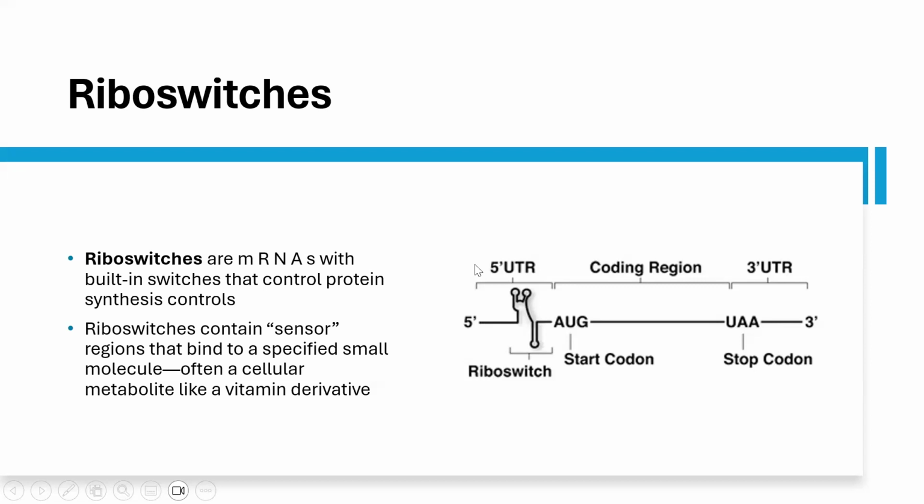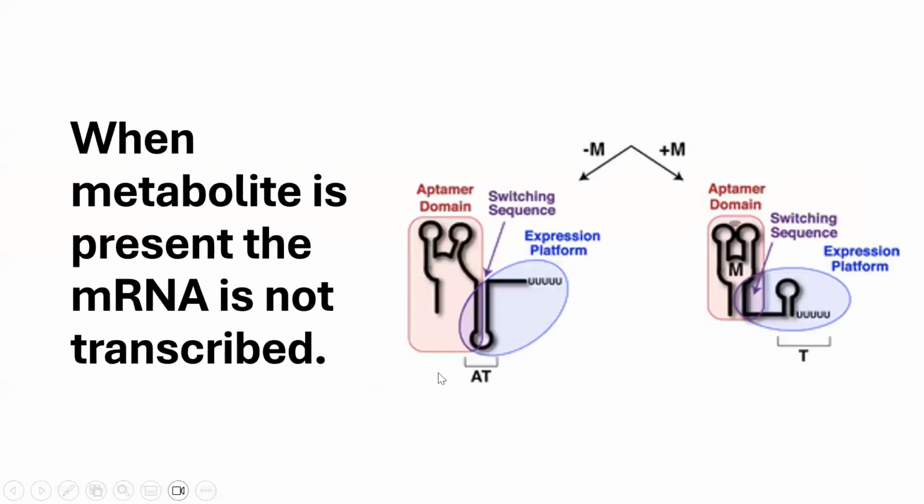We have the 5' untranslated region, which is going to have the riboswitch in it. We've got the coding region, which starts at the start codon. And then we have the 3' untranslated region, which is going to be after the stop codon. So the riboswitch is going to be in this 5' UTR area.